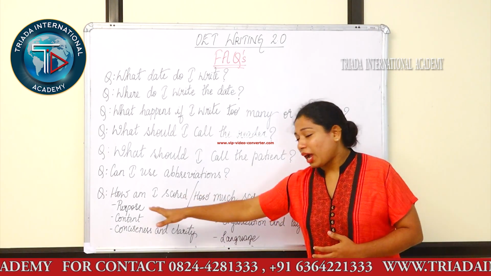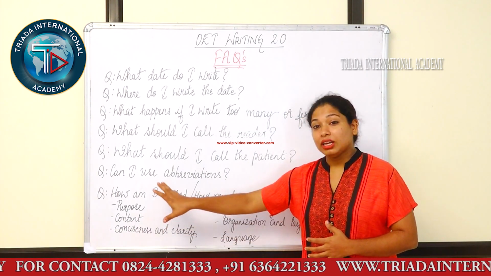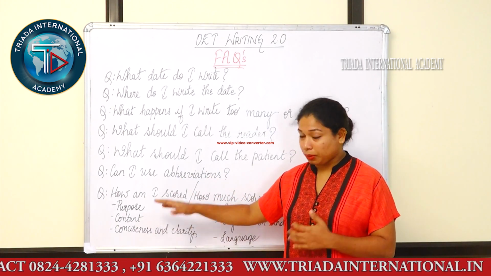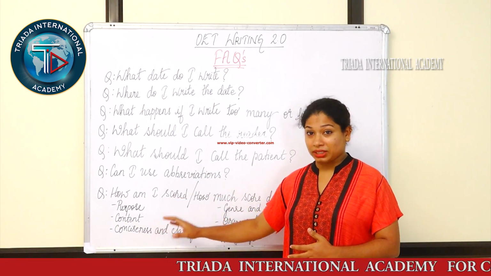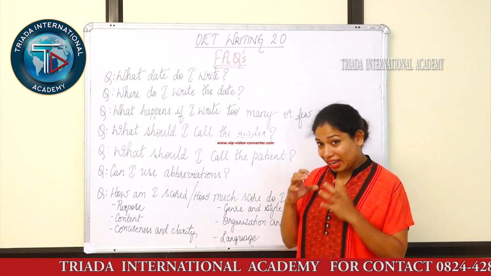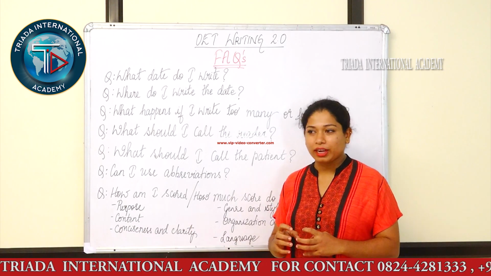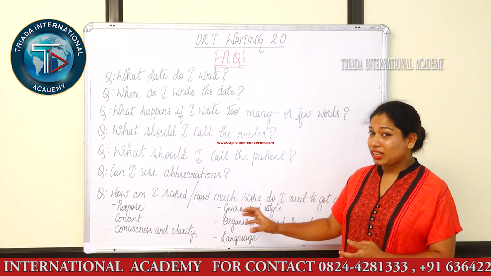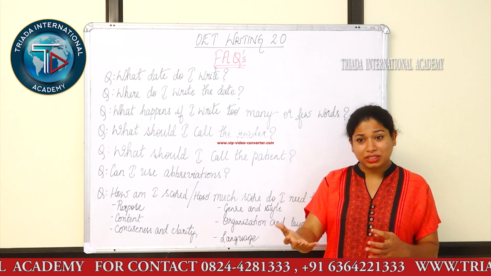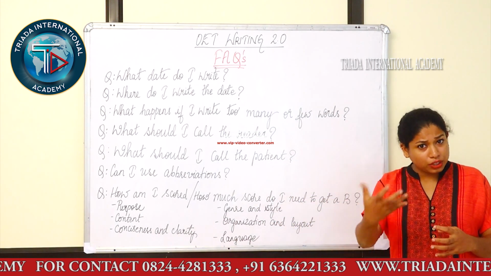Now I will just talk about the 6 criteria. The first criterion, the updated one, is about the purpose. The second is the content. The third is the conciseness and the clarity that you provide to the reader of your letter. Then we have the genre and style, which talks about the tone that you're using to convey the message, which is the formal tone.